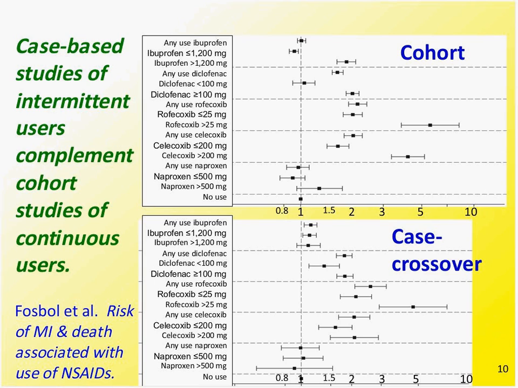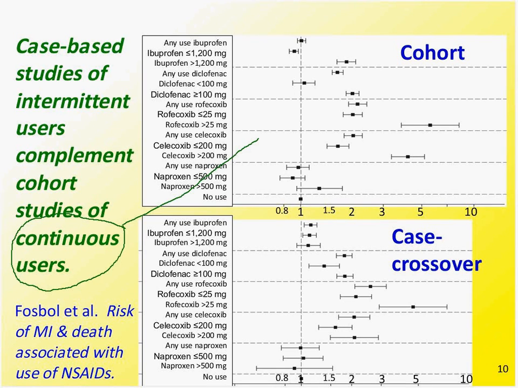What's interesting is to think about when you're in... so they're kind of complementary. So here are their results for the cohort and for the case crossover. We'll see those plotted against each other in a second. But it's interesting to think about that in cohort you are kind of interested in long-term chronic use, and so you're interested in chronic continuous users.